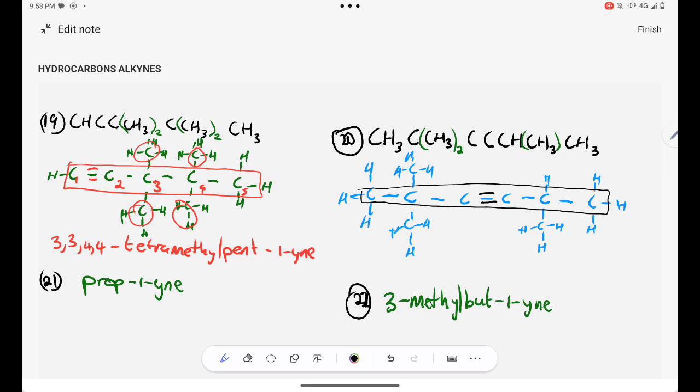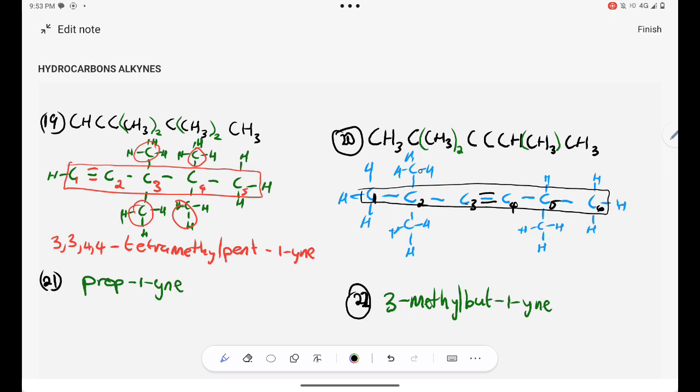That's 1, 2, 3, 1, 2, 3. Whether you start from the left or from the right, the triple bond will be between carbon number 3 and 4, right? However, the terminal from the left has more side chains than the terminal from the right. Are you together? So this will be carbon number 1, 2, 3, 4, 5, and 6.